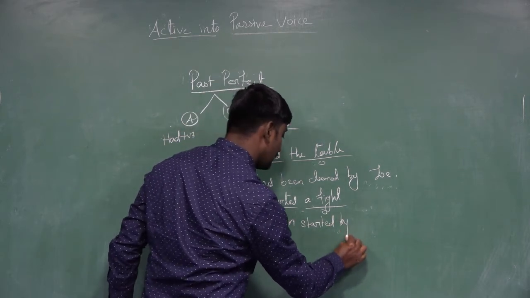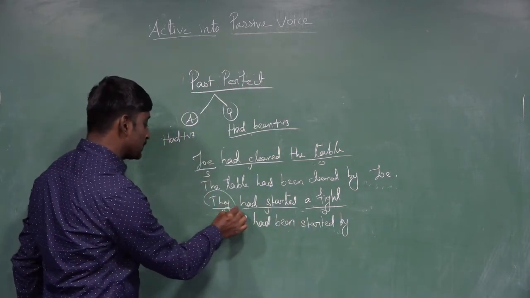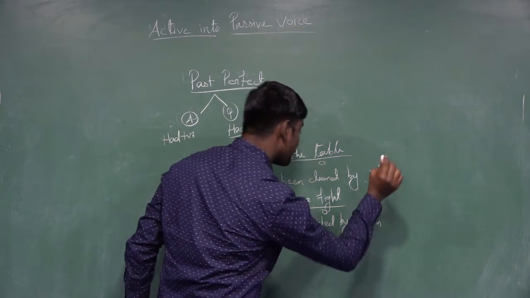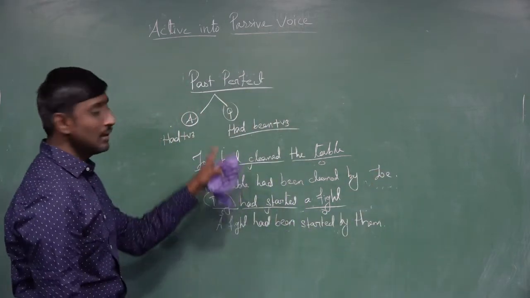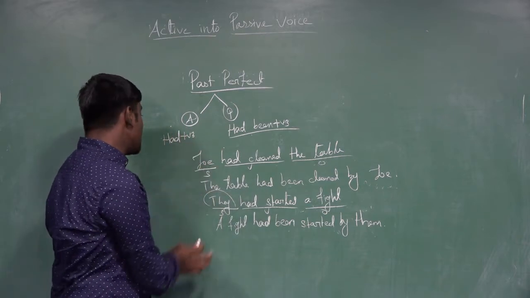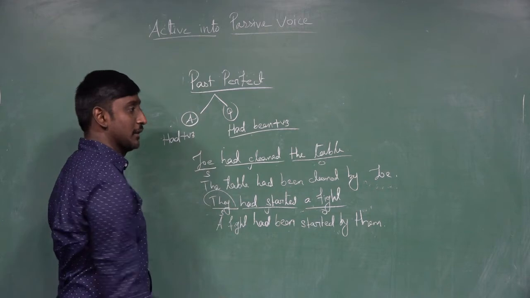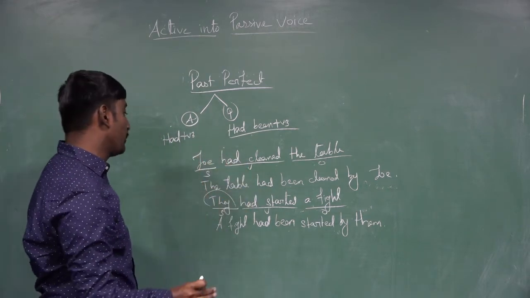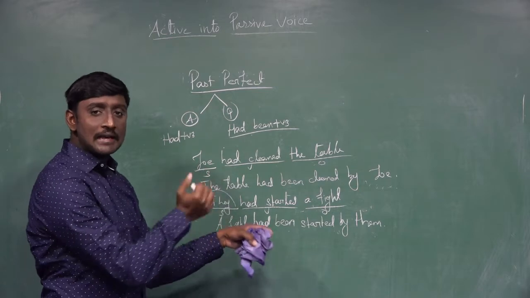Started by, the subject pronoun changed to the object pronoun, them. This is past perfect. So what is the auxiliary required? Had plus V3 form, and the passive, had been plus V3 form, changing the active into the passive voice.